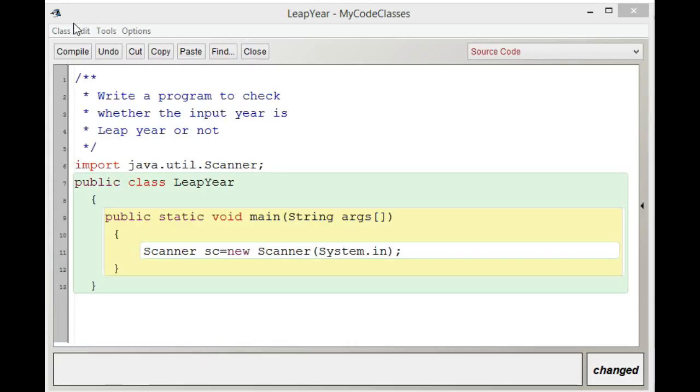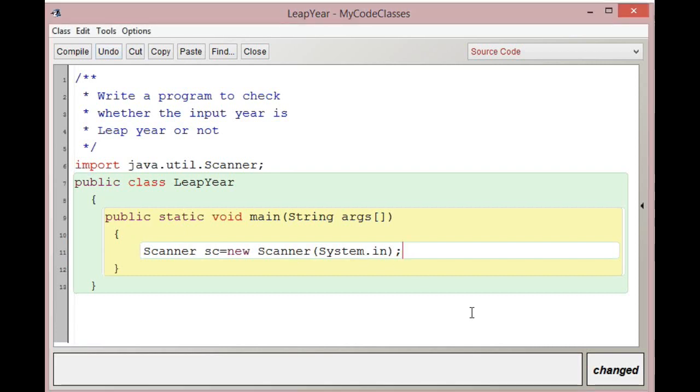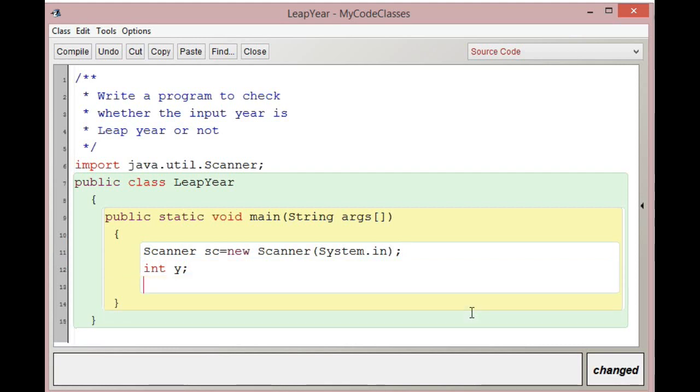Now in order to show you the code, I have brought you to BlueJ IDE, where I have already written a little part of the program so that I can write the program faster. So what I have to do is I have to take the year. For that I have kept a variable y. Now what I'm going to do is I'll be taking the input. So I'll write System.out.print, enter the year.